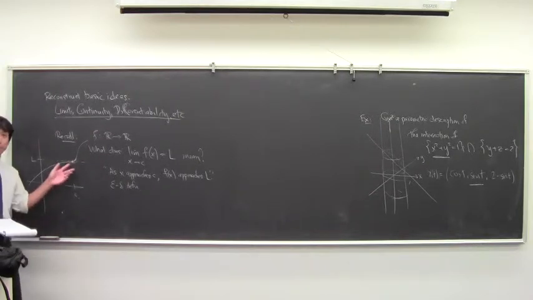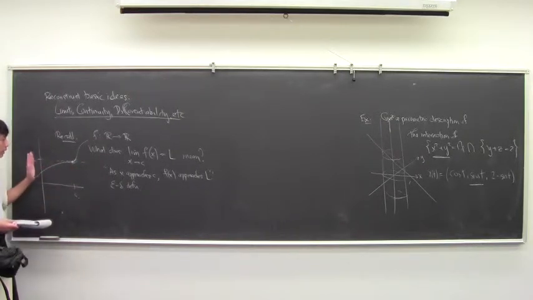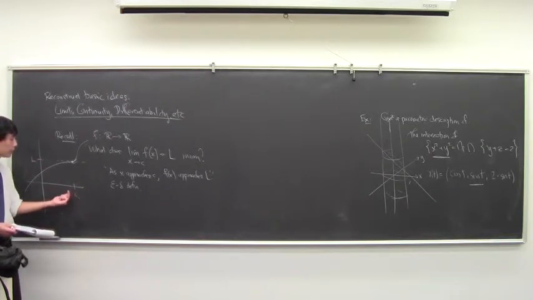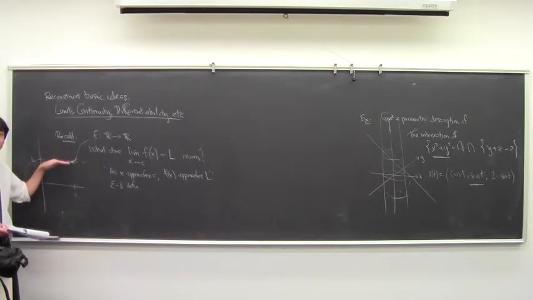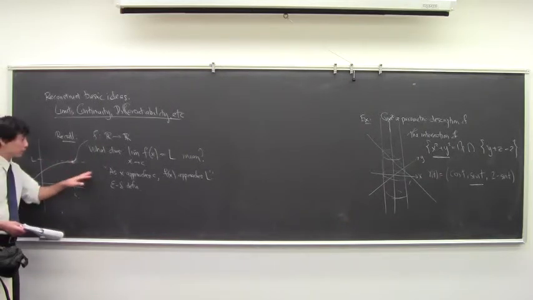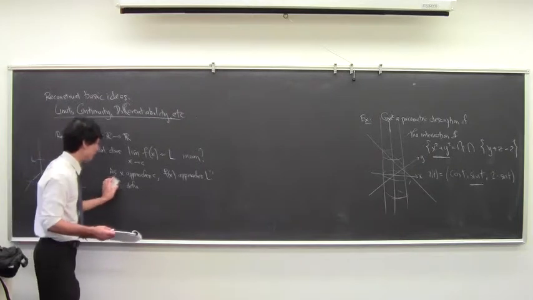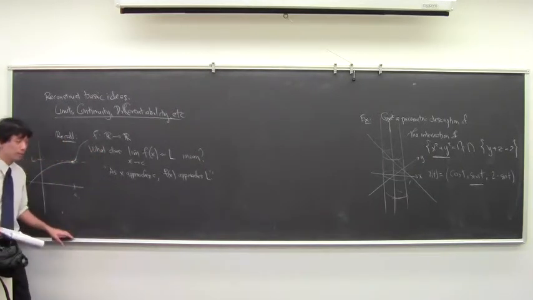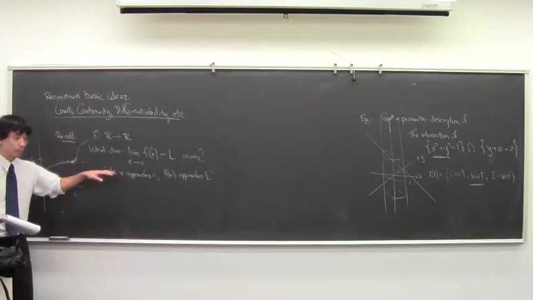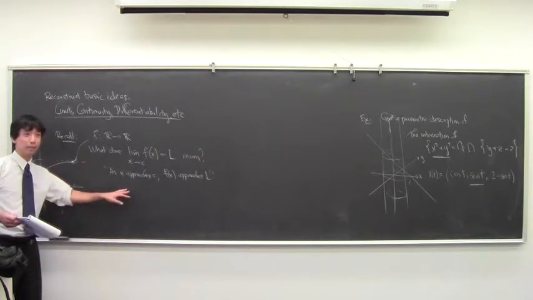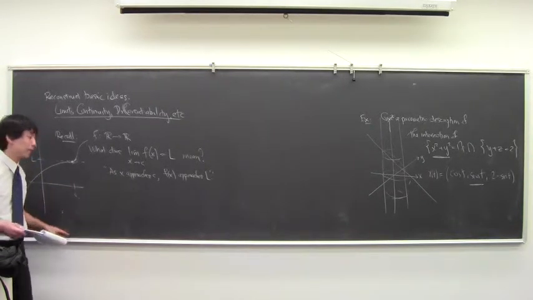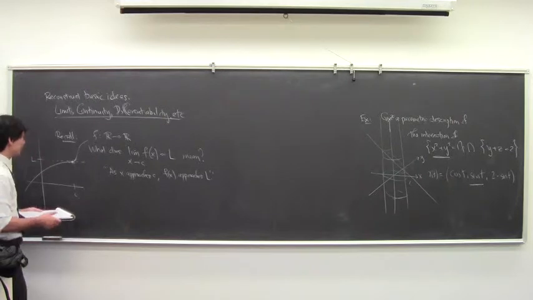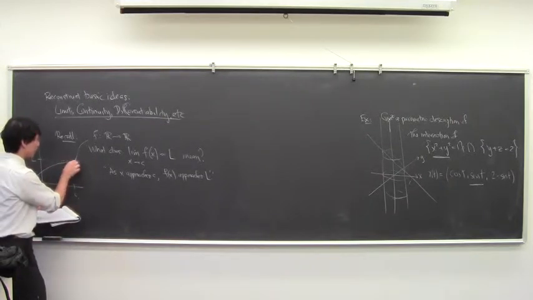Okay. So for the limit to be L means that as your inputs get close to c, your outputs get close to L. There's a way of stating this very precisely, and it has proved most useful. It's as follows.